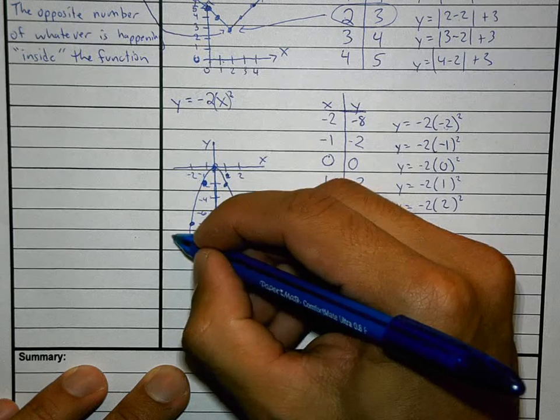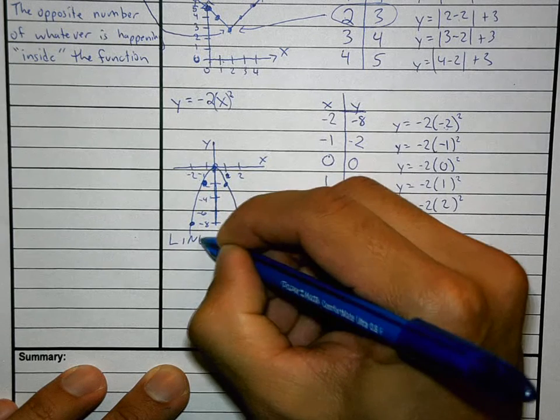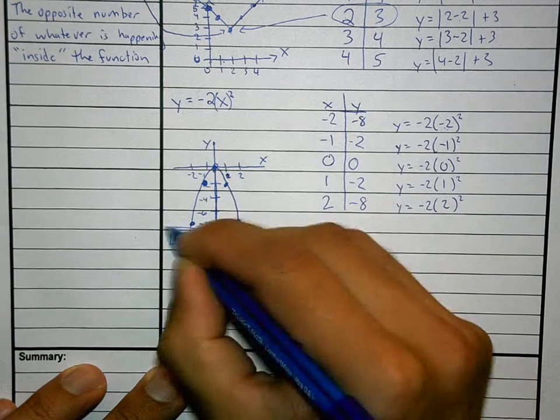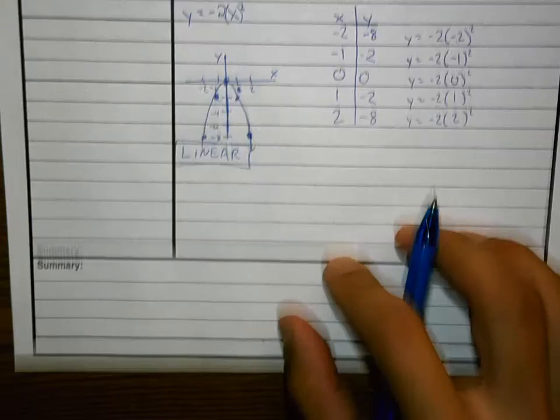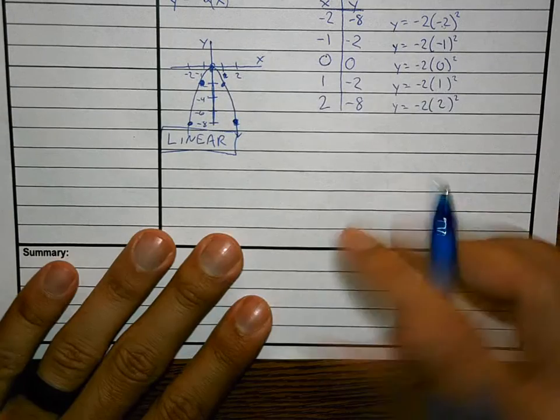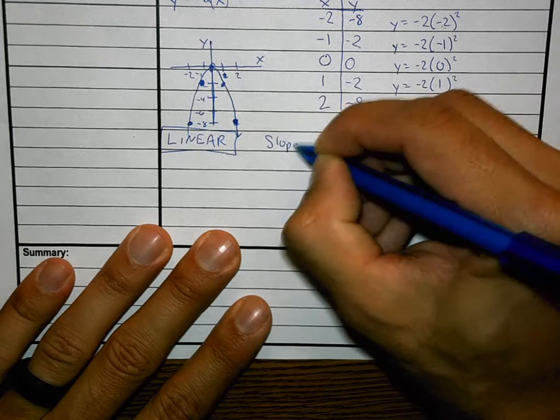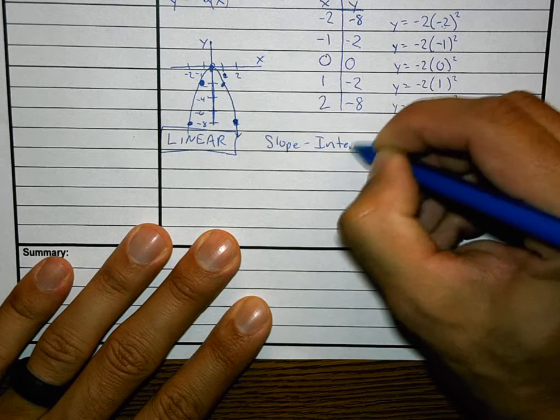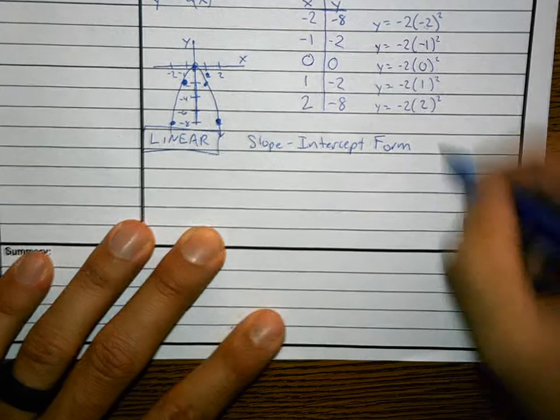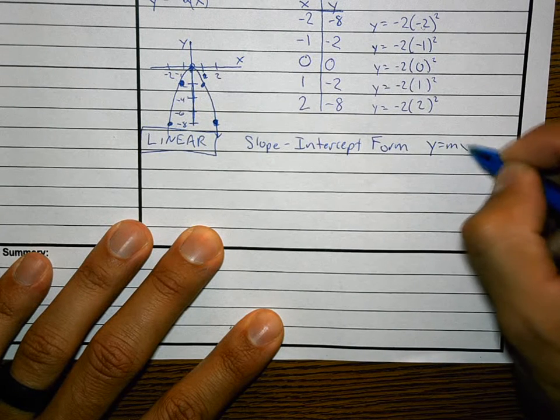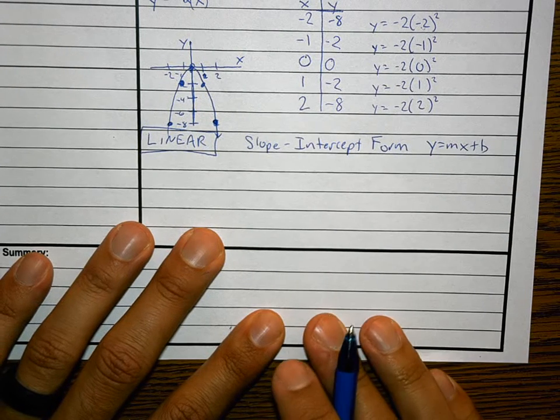Okay, the next one we're going to do is for linear graphs. For linear functions, the method we're going to use is something called slope-intercept form. It's an easy form. Y equals mx plus b.